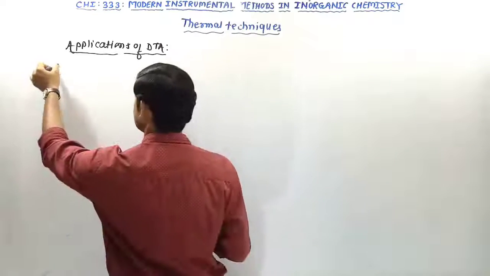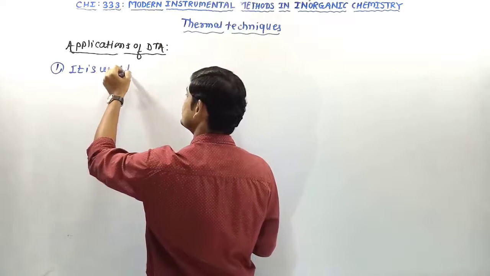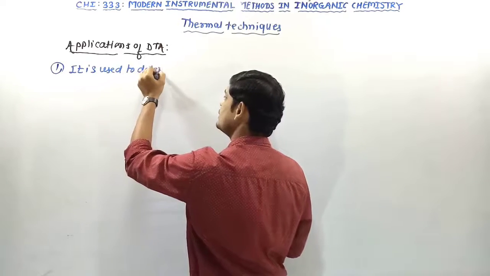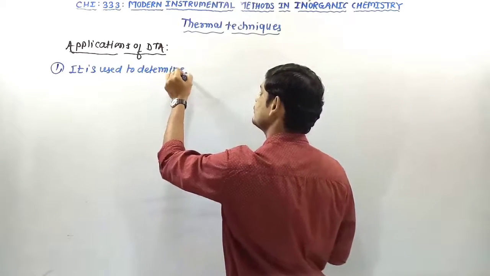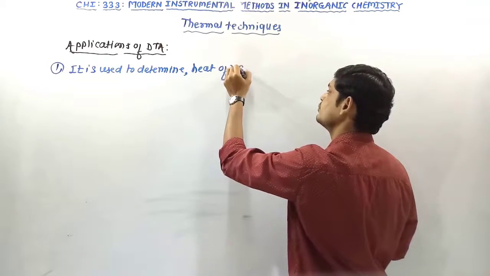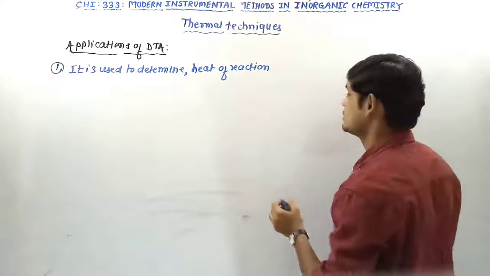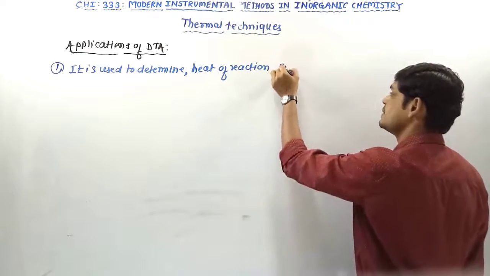First application: it is used to determine the heat of reaction. We call it the enthalpy of reaction. Second, specific heat.